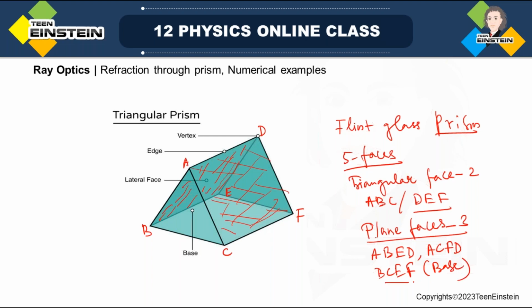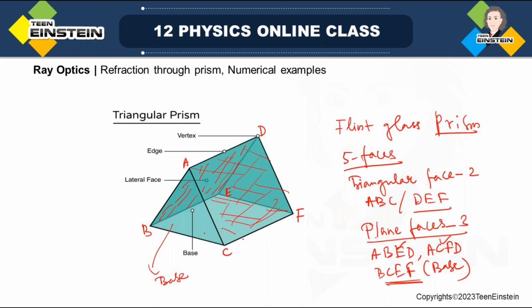This will be a non-transparent face. It will not be transparent. So this is called the base. AD is called the edge of the prism. Two lateral faces are there, ABED and ACFD. The base is BCEF.